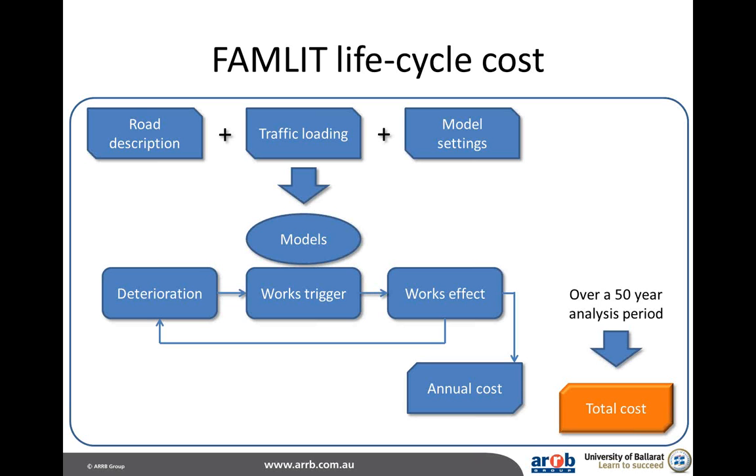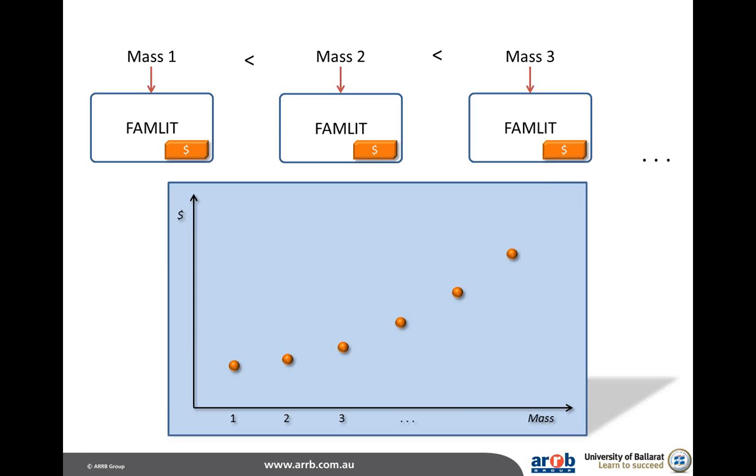So I wanted to revisit this, or re-show you this life cycle model to keep that fresh in your head. So we've modelled a traffic loading scenario and we've outputted a total cost for that traffic loading scenario. But to take it to a marginal cost, we need to add a variable, and that variable is mass.